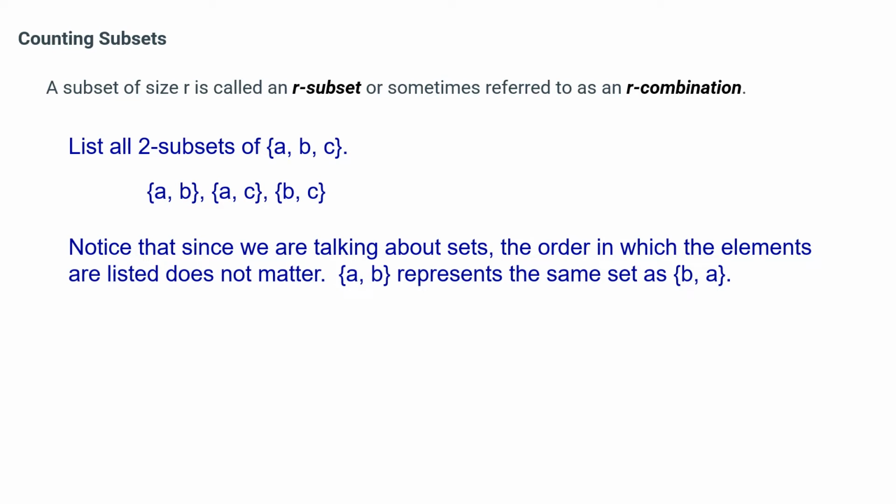And if I had changed that and put the b first, that still doesn't change the set itself. The set is still the set that has the 2 elements a and b. So with sets, the order in which the elements are listed doesn't matter. That's why we would not list these sets with the elements in a different order, because we'd just be listing those same sets over.